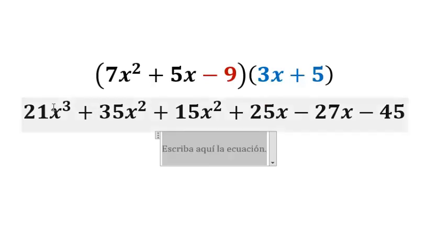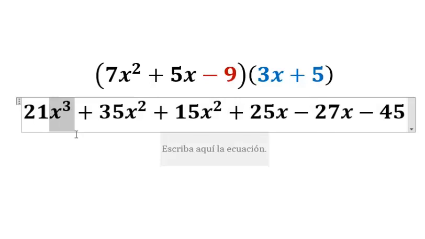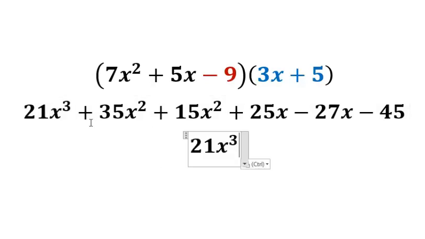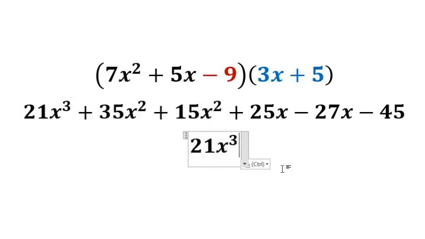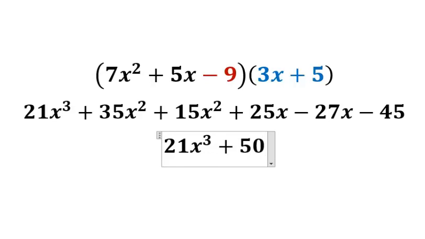Now x cubed: there are no other x cubed terms, so I'm just going to copy 21x cubed. Now 35x squared and 15x squared are both of the same type, so I'm going to simplify these two terms. 35 plus 15 will be 50, so positive 50x squared.